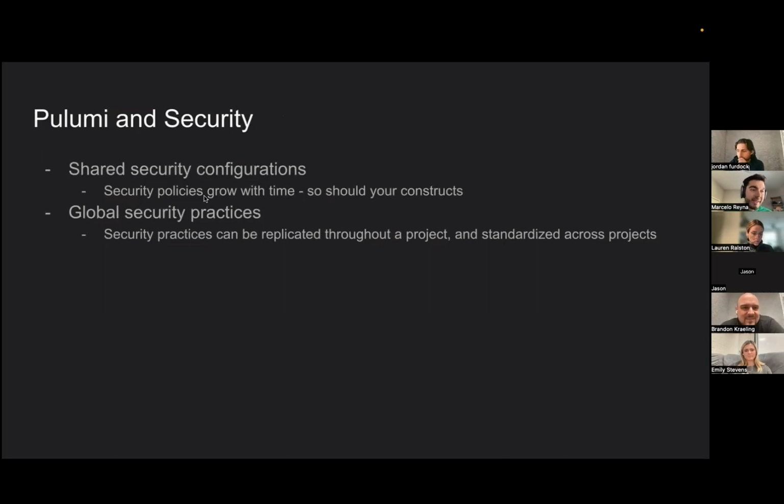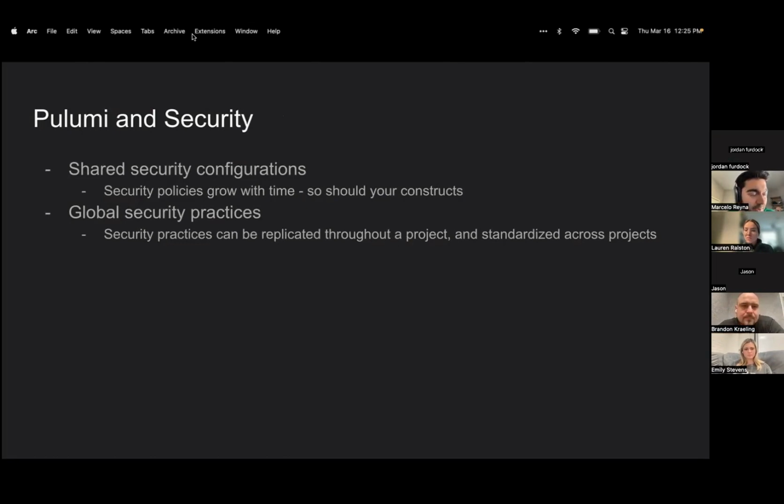Yeah. So I think it's pretty clear that using constructs can make for more secure infrastructure. Even the configuration of a cluster, as basic as it may be in the beginning, with time you end up adding different tools to ensure that your network is always secure.